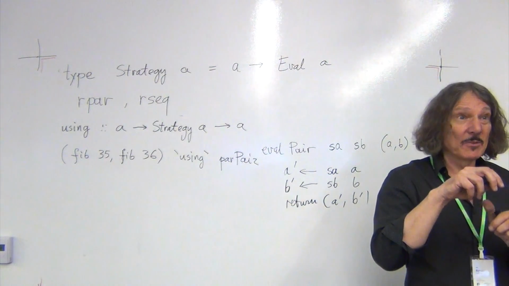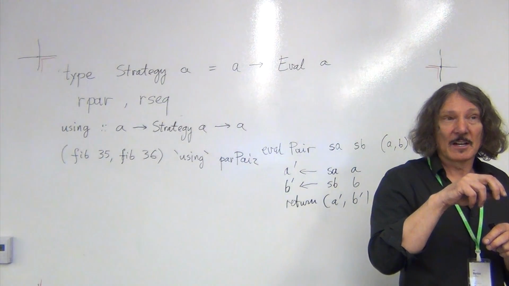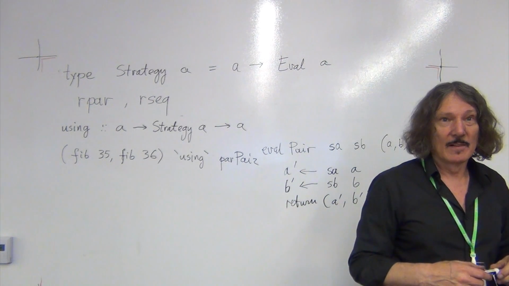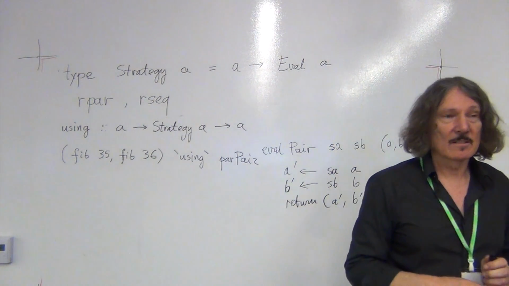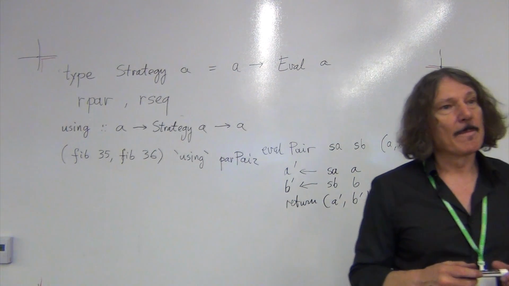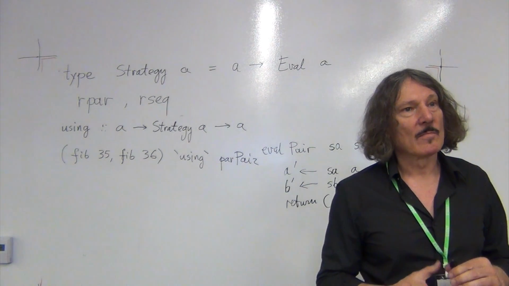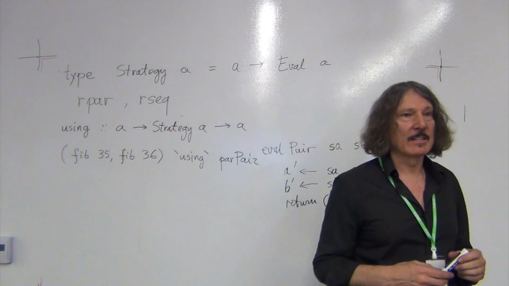If you think about it a little bit, you'll figure out that this really has to be deterministic, using these one-shot channels. So that's a standard model of parallel computing. It's called data flow.